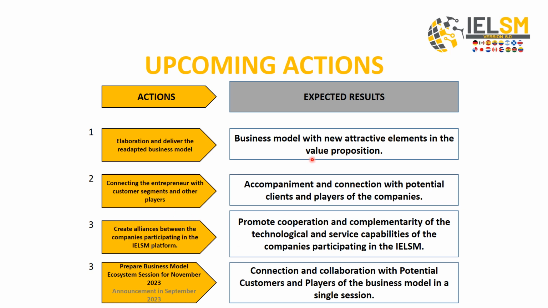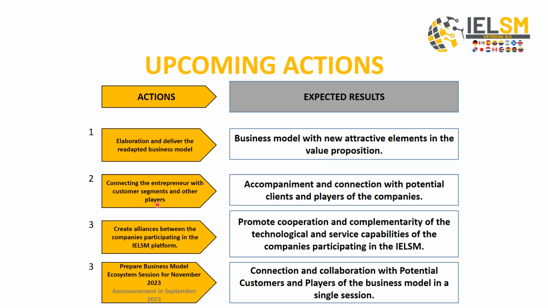The number one is that after the session smart money 7, in approximately 3 weeks, the Ielsm will send or give a business model to the entrepreneurs. We work together after session number 7 with the catalyst and the other participants of the group, and we write the report or business model for the entrepreneurs.